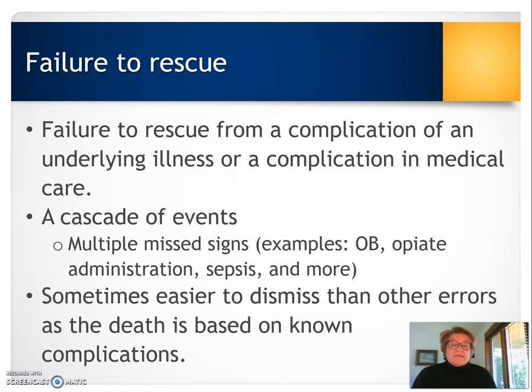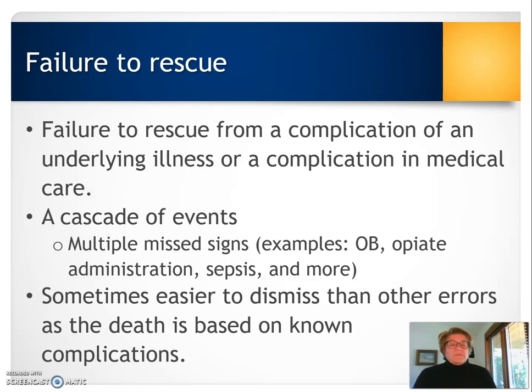And this is a difficult concept because sometimes it's easier to dismiss because the death is based on known complications. So, for example, if a patient bled to death after surgery, it may be presented as a known complication, and maybe reviewers didn't look back over the case to see any missed issues.